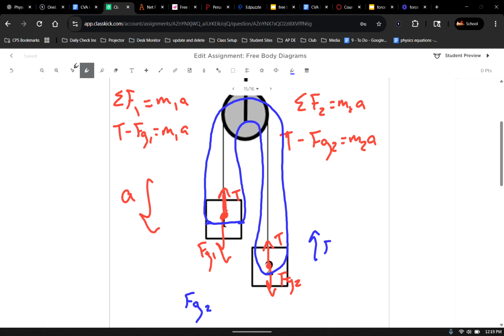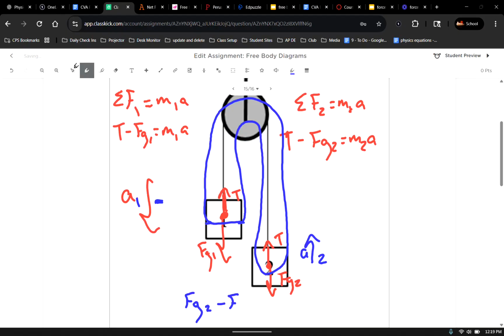Here the FG2 is down, but block 2 is going up. It's accelerating upward. Block 1 is accelerating downward. So FG2 would be positive because it's an up, since we're defining down as a negative. And that's just our norm. It's not like you have to define down as negative, but for simplicity, we're going to keep down as negative.